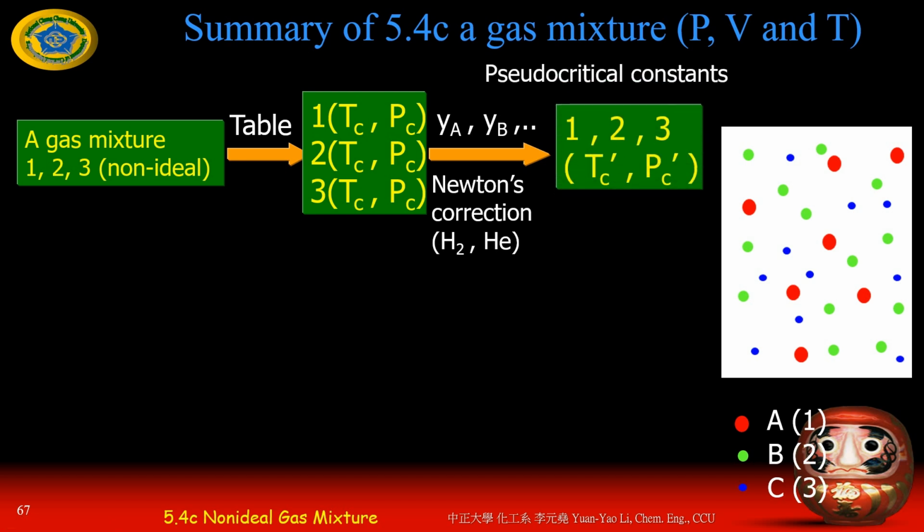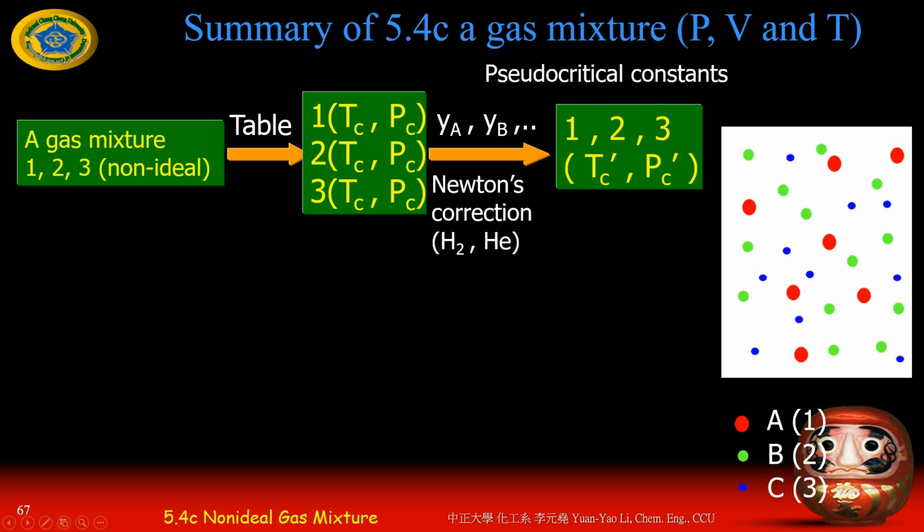After that, if you know the fractions, the critical temperature and pressure, and the Newton correction, you can get what we call the pseudo-critical constants. The pseudo-critical temperature and pseudo-critical pressure represent the system here.